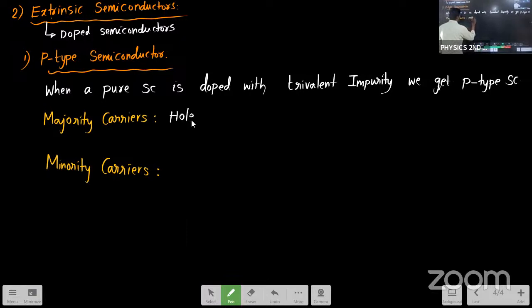Remember this. Many times they have asked this question. What are the majority charge carriers in P-type semiconductor? Holes. And what are the minority charge carriers? These are electrons. So I hope you will write this in the examination.